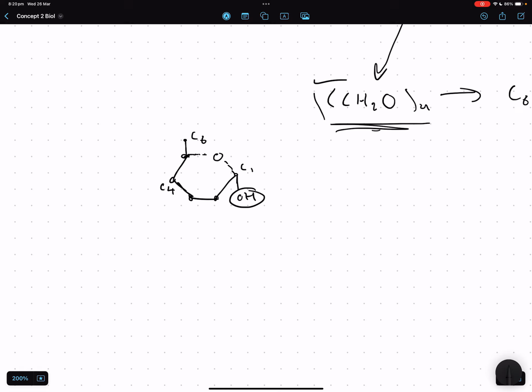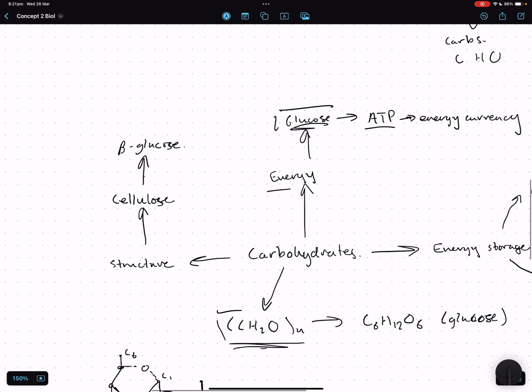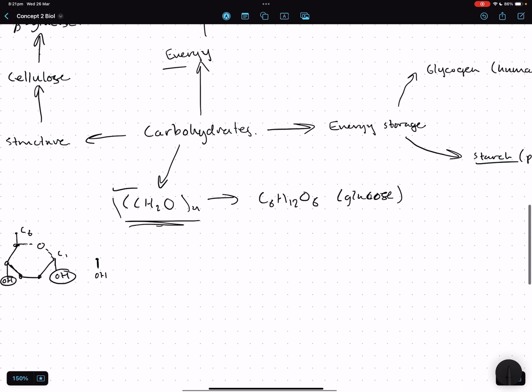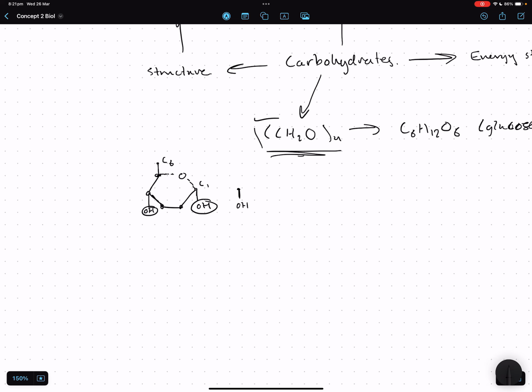Yeah, that's the sort of structure, and then we'll draw another glucose, probably better to draw it like this. This is just for the sake of looking at the bonding. This is how we turn a monomer, so glucose is a monomer, into a polymer like starch. So starch is an alpha glucose polymer. So carbon 6, carbon 1.